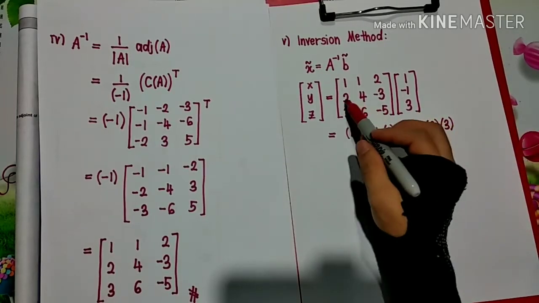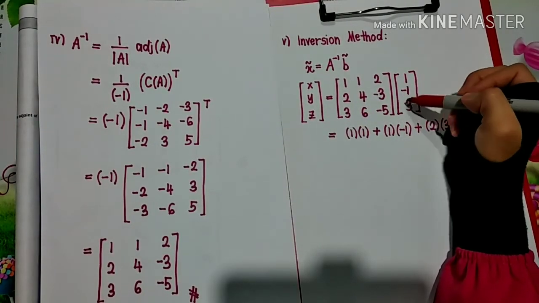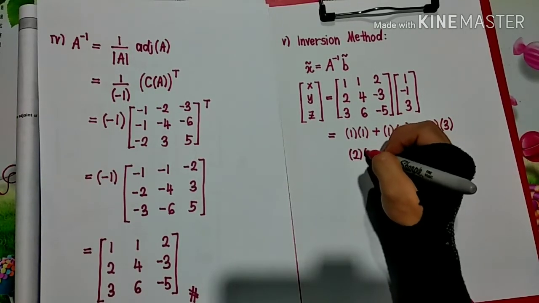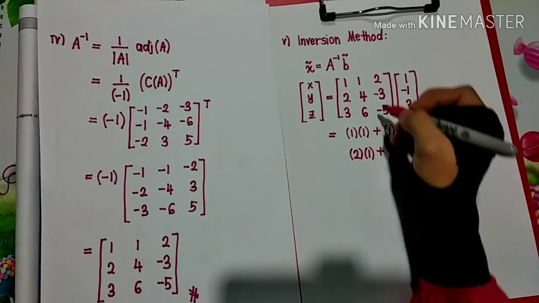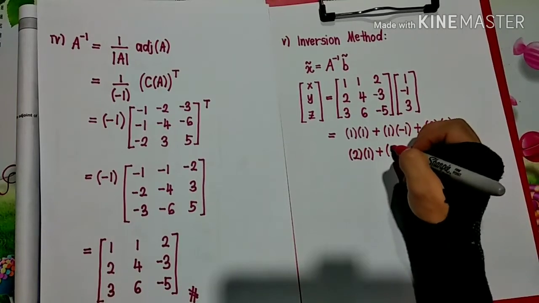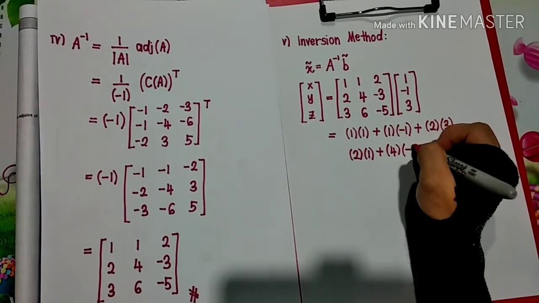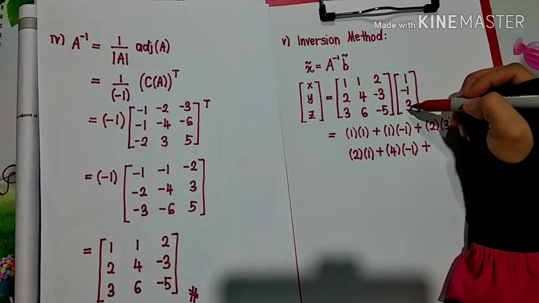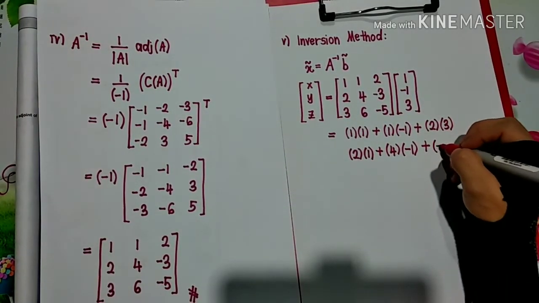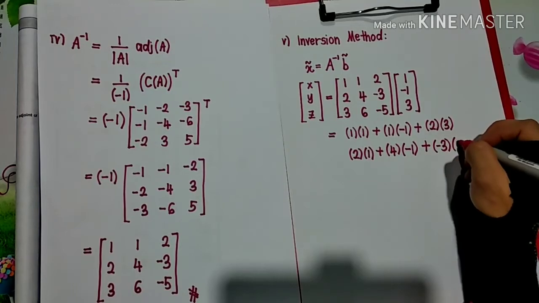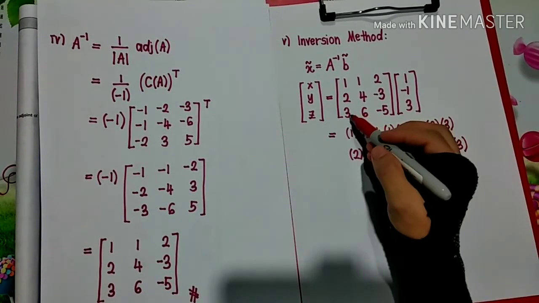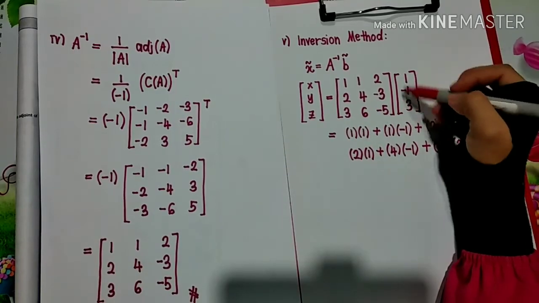For the second row, you multiply with this column. So 2 multiply with 1 plus 4 multiply with negative 1 plus negative 3 multiply with 3. For the third row, same thing, you multiply this row with this column.